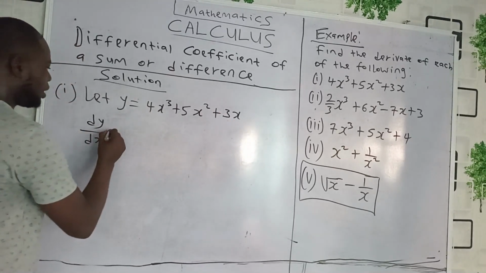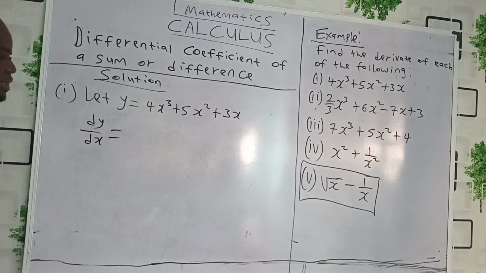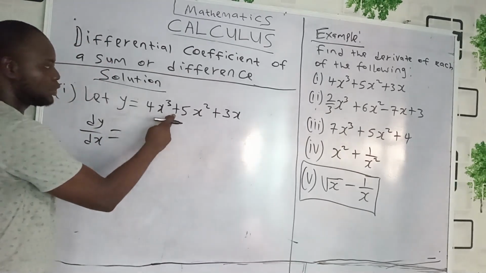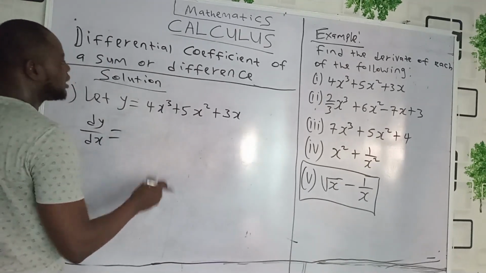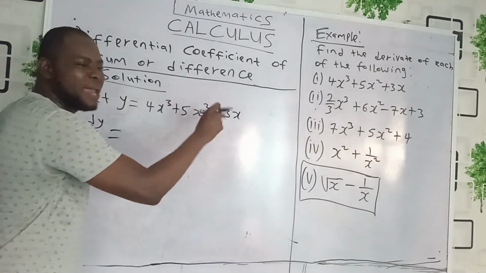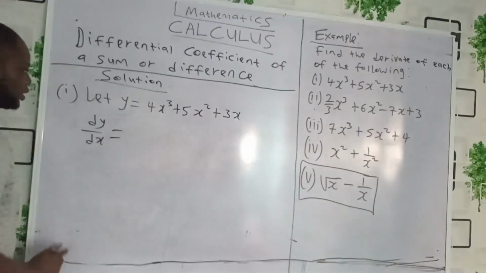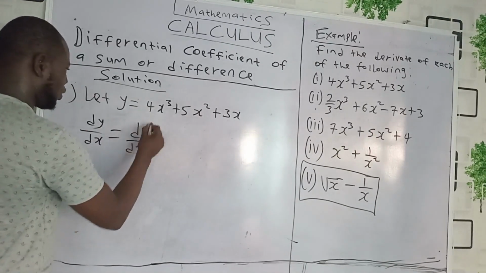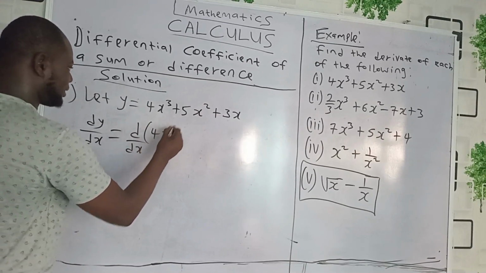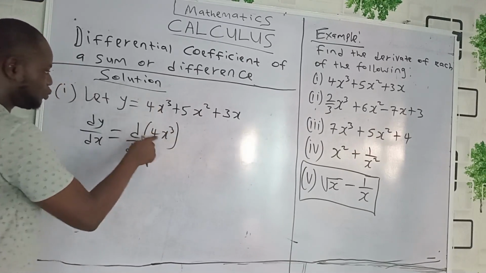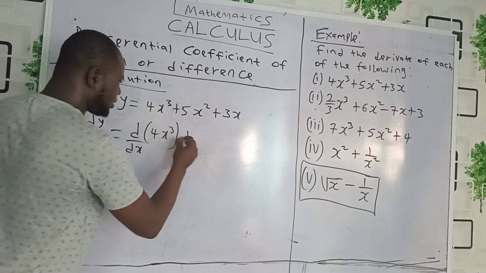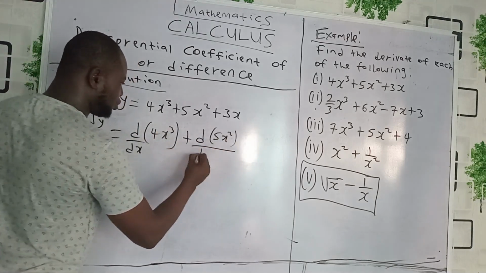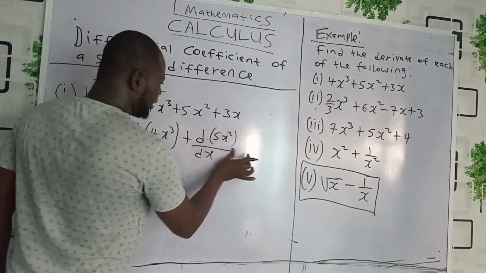The rule is just saying that when you have different functions like this, and the operation in between them is either plus or minus, just differentiate each of them respectively in that order. So this will now be d/dx of 4x raised to power 3, that is, I want to differentiate this with respect to x, plus differentiate this one as well with respect to x.